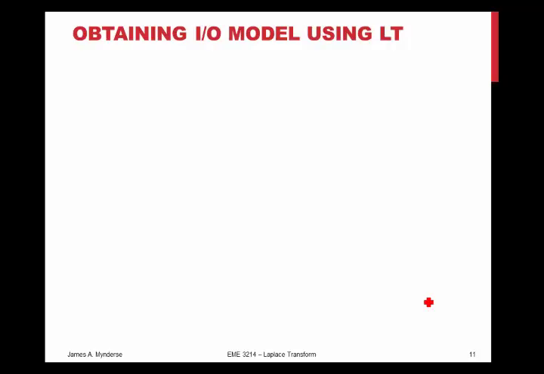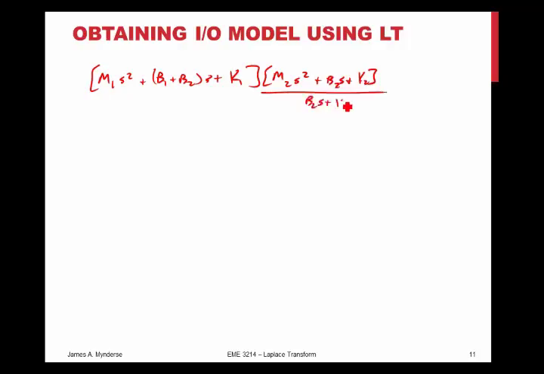And so if I substitute that in for z1, I should get (m1 s squared plus (b1 plus b2) s plus k1) all times (m2 s squared plus b2 s plus k2) over (b2 s plus k2) times z2 of s, minus the chunk that was originally multiplied by z2, (b2 s plus k2) z2 of s, is equal to f of s.